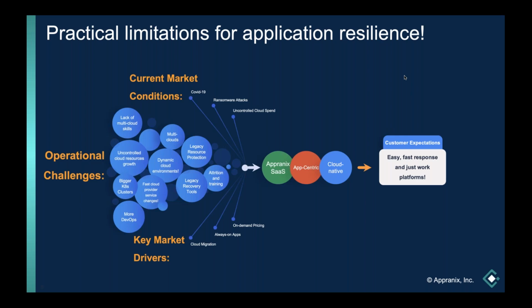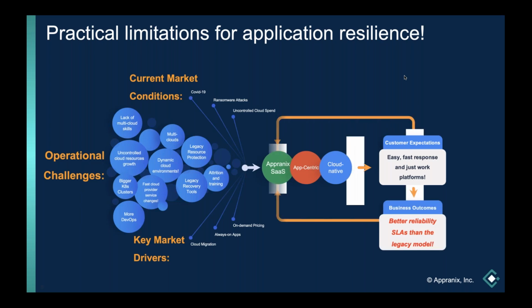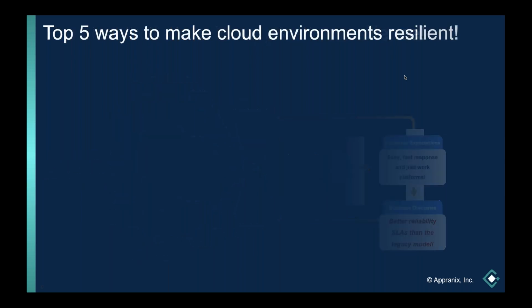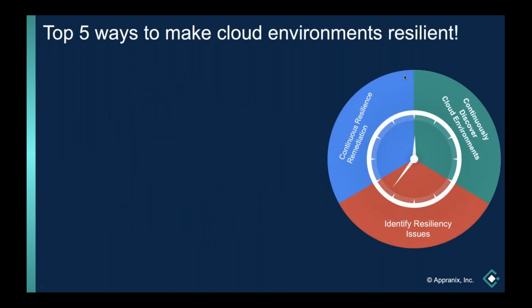What if you have some help where the system provides you with an application-centric mechanism, which happens to give you much better SLA than what you might have come across in the previous generation of systems, right? So there is practical limitation, and then there is help, right?